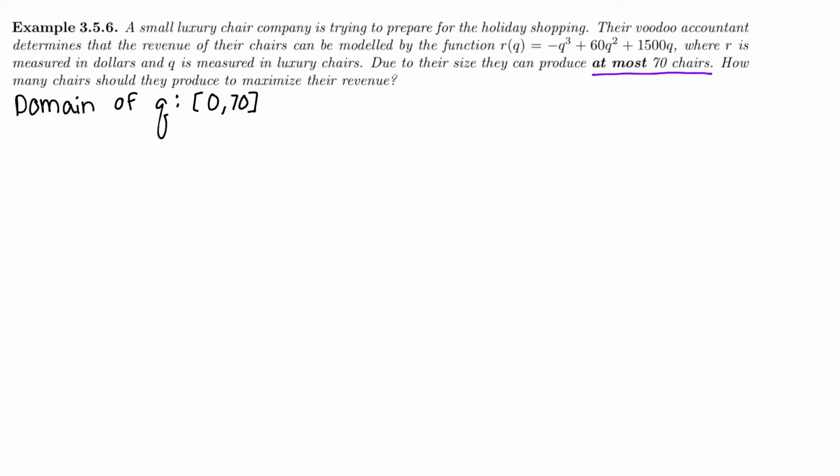What we want to do is maximize revenue. And the function for revenue has been given to us. It was given to us right here, R of Q. So we want to maximize this function.